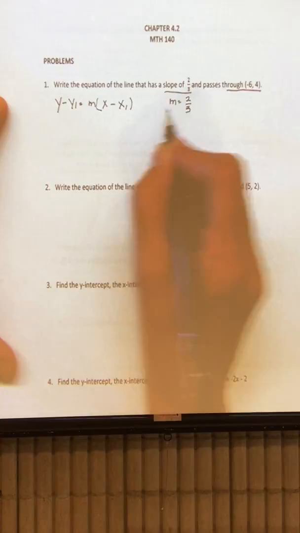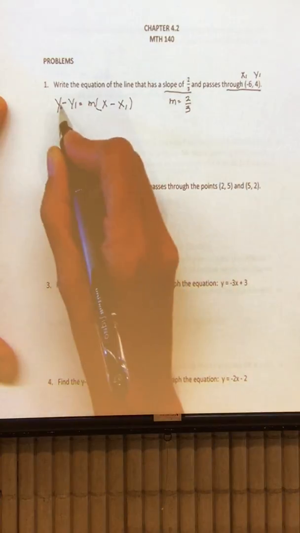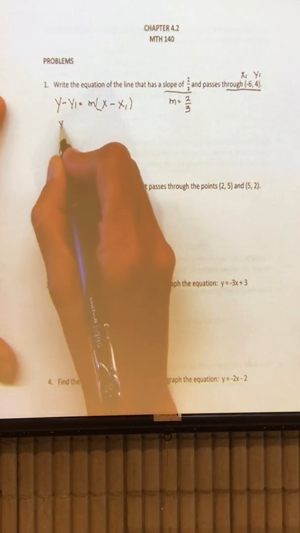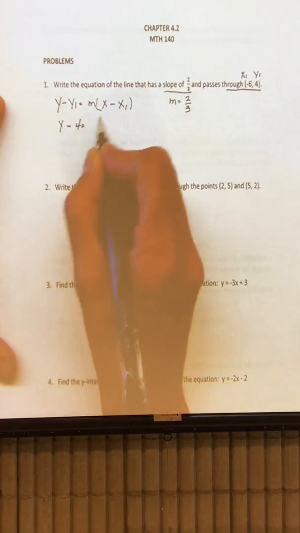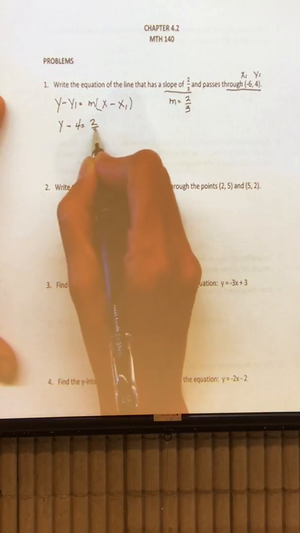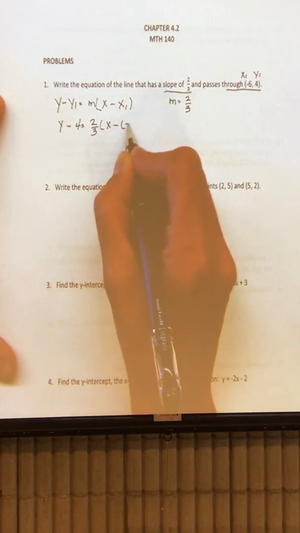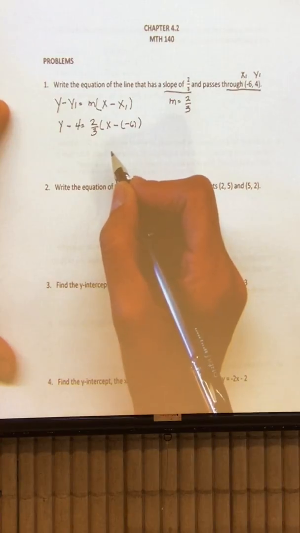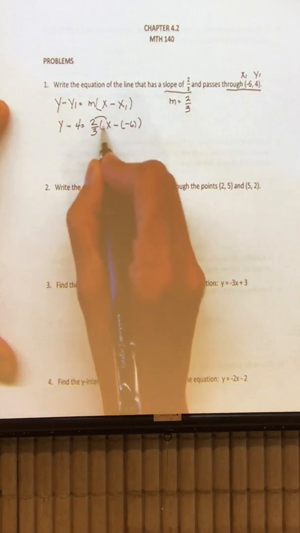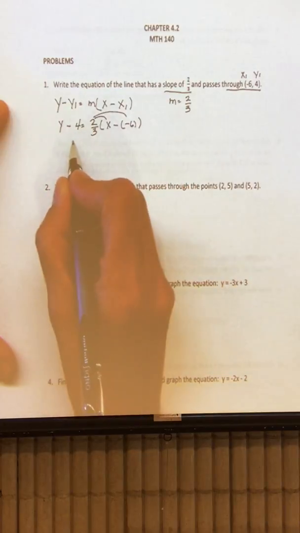Now let us substitute our m, our x1, and our y1 into the formula. y minus y1 equals m, which is 2/3, times x minus x1. Now we are going to distribute the 2/3 times the x and the 2/3 times the +6.